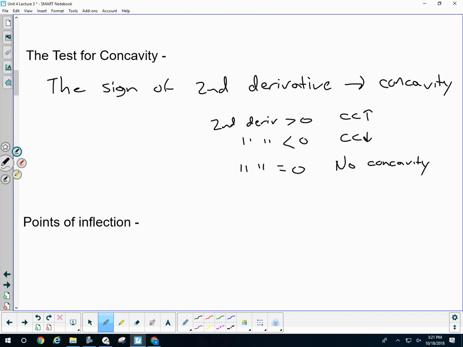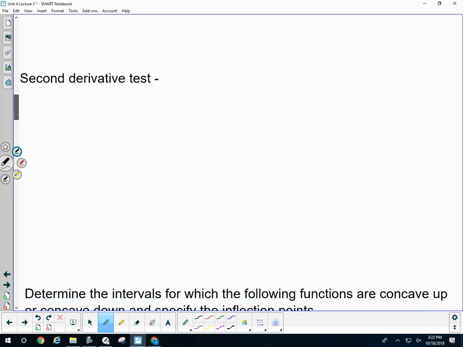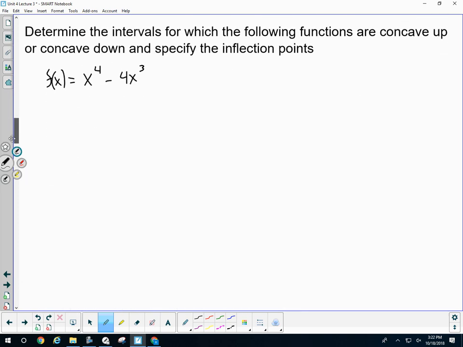Points of inflection will occur when the sign of our second derivative changes. Okay, we'll come back and talk about the second derivative test in a little bit.